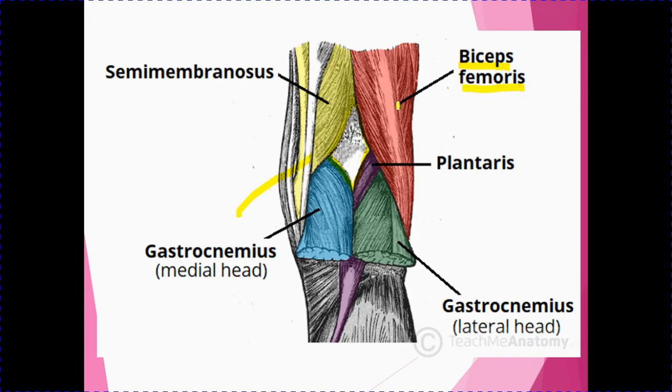You can see over here, biceps femoris muscle, superolateral boundary. The superomedial boundary is formed by the semimembranosus and the semitendinosus muscle. The inferior boundaries on the lateral side are formed by the lateral head of gastrocnemius as well as by the plantaris.